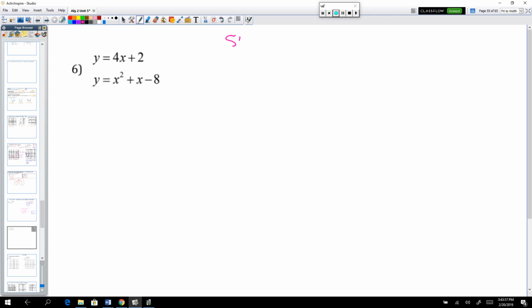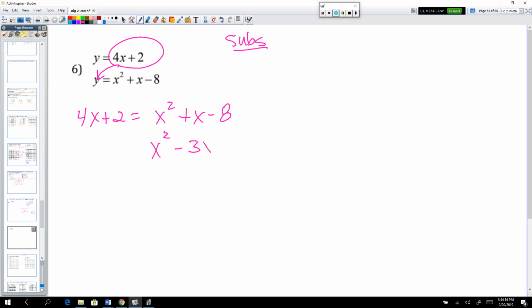So for the substitution people, this is that work. I am going to substitute this down here for this. 4x plus 2 equals x squared plus x minus 8. Get all your terms on one side because it looks like I'm going to have to solve a quadratic. Nope, it's minus 10.